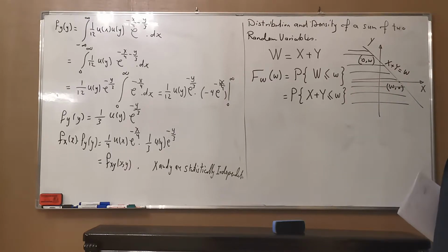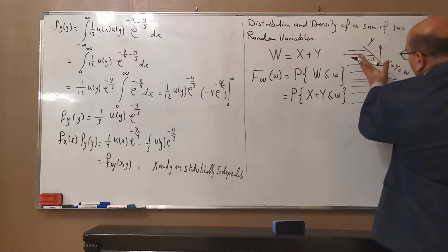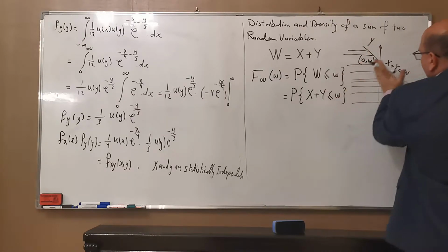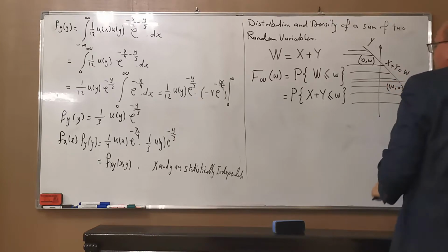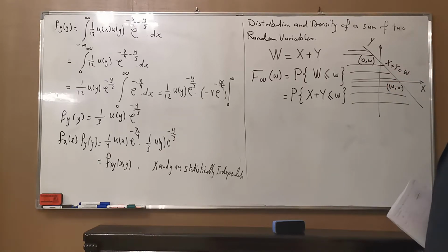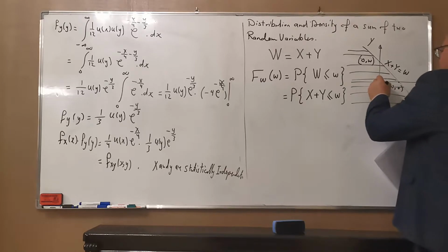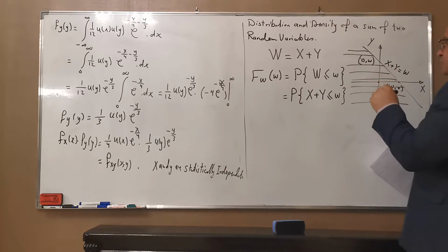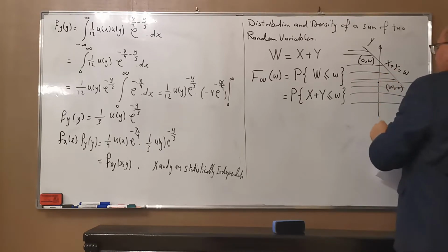The probability that X plus Y is less than w, and w is a variable, so this line here goes down and up according to the w that we will choose. Now, what is going out here in the third dimension is the density function.